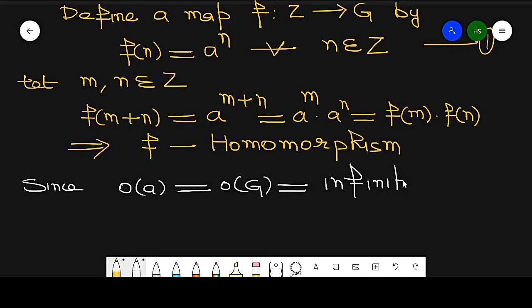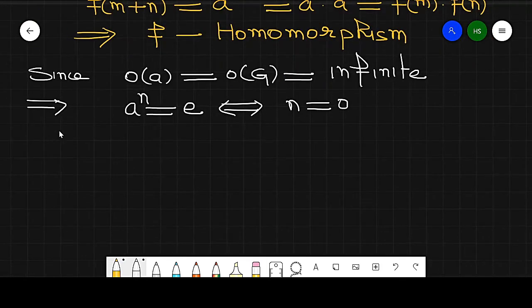So if it is infinite, then it means there exists no positive integer n such that a raised to power n equals identity. So a raised to power n equals identity if and only if n equals 0. This is because of infinite order. So that is my given part.